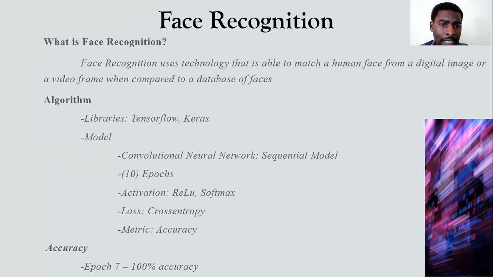I ran, as I said, 10 epochs. After the 7th epoch, I reached 100% accuracy on the trained model, which I was pretty ecstatic about. And it was pretty fast. It went in about a minute. As illustrated in the next slide, you'll see my screenshot of my epochs being run and the accuracy percentages that were attained.